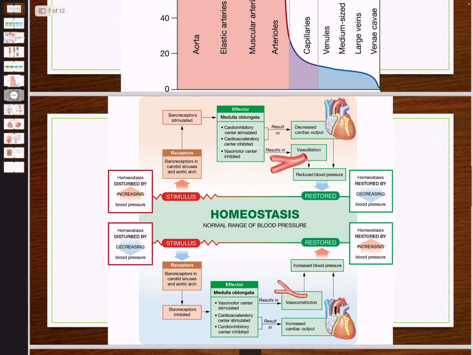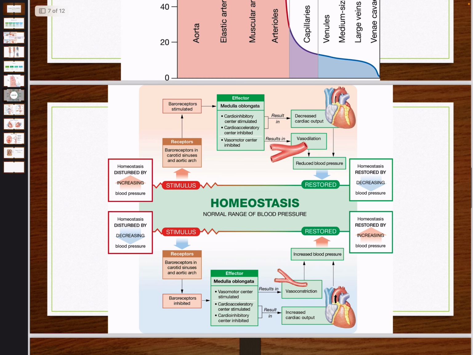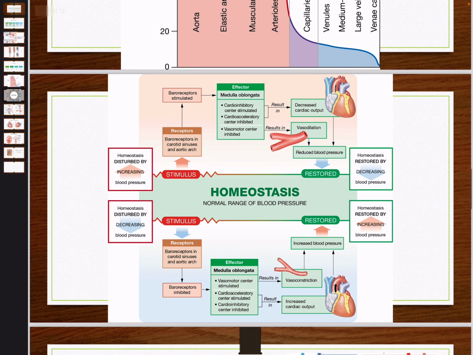When we talk about blood pressure, it is important to realize that blood pressure is measured by systolic over diastolic pressures. When you go to the doctor and they put the inflatable cuff on, it restricts the blood flow. And when they open it back up to let blood flow back into your arm, they're listening for that blood flow.